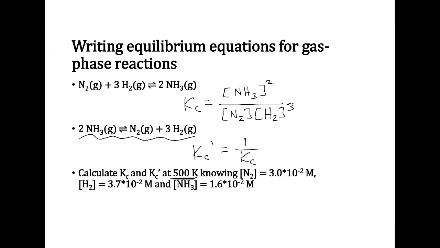So calculating Kc, we'll plug in the concentration of NH3, so we'll have 1.6 times 10 to the negative second, and then that will be squared, divided by the concentration of N2. And remember that all of these become dimensionless because they're divided by that standard state thermodynamic value of 1 molar.